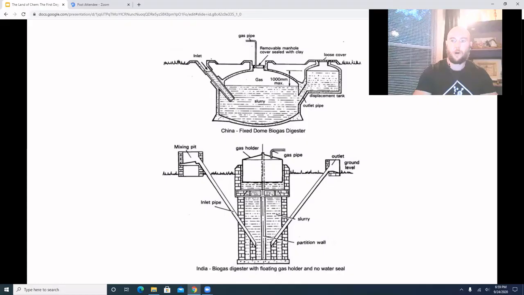You have, particularly down here at the bottom of this depiction, it doesn't get more clear of an indication that this is pointing to the configuration of the step pyramid, which we'll evaluate side by side in just a moment. And then you have your outlet shaft or your displacement shaft, which leads to some sort of collection tank or displacement tank where your digested raw material can be collected.